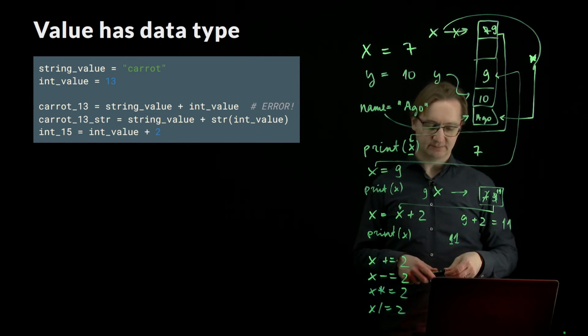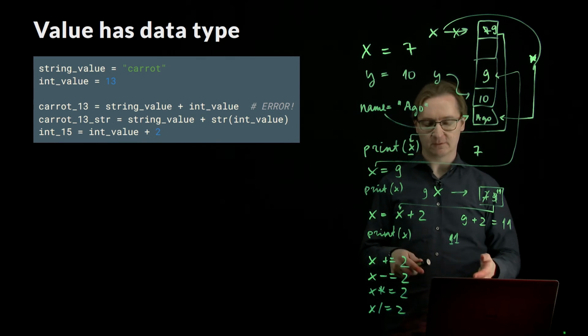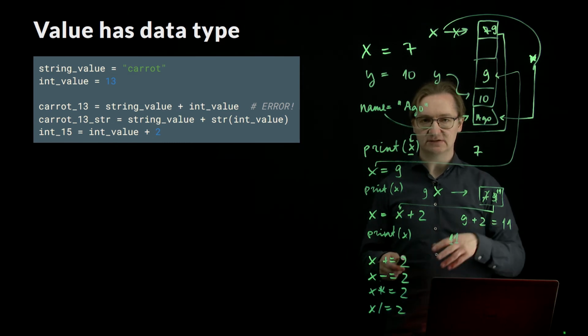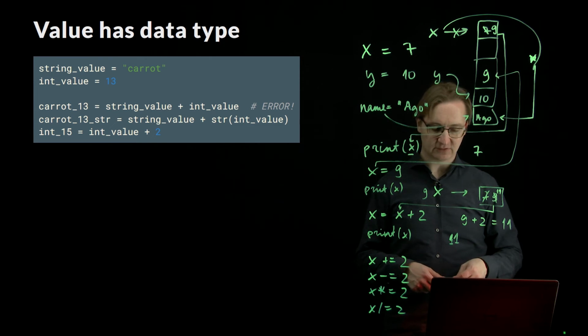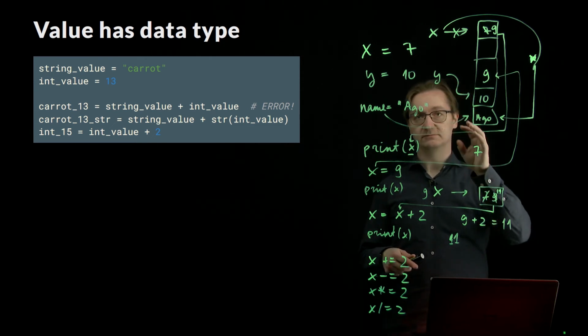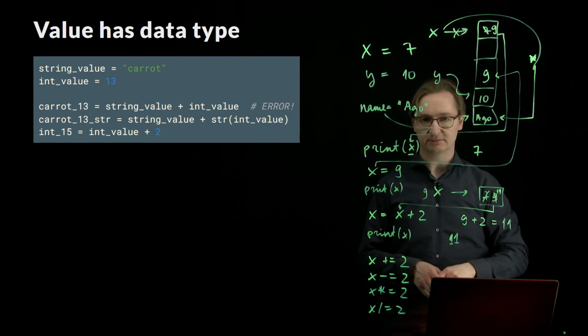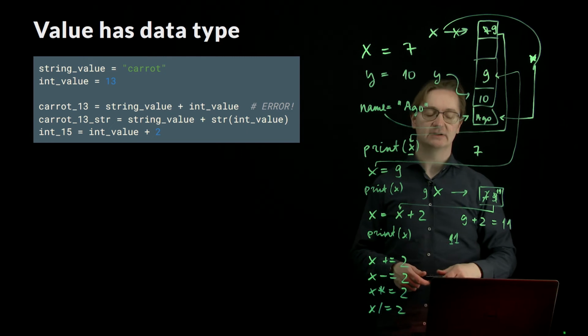I would be able to do that if they both were strings or they both were integers, but I cannot add an integer and a string. And this gives us an error. So if I try to take the string and add 9 to it, I get an error because you cannot add a string and a number.